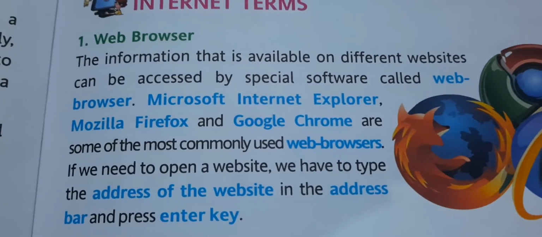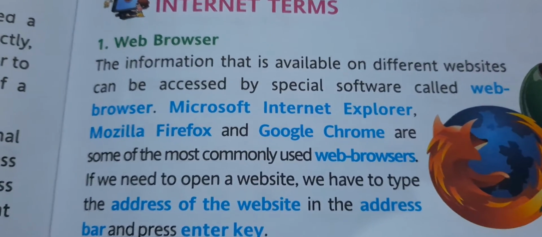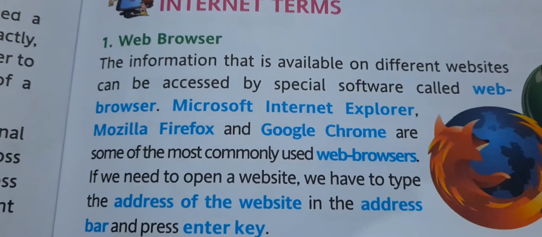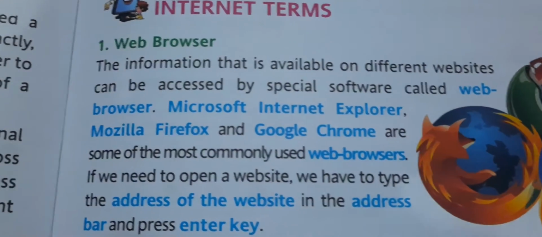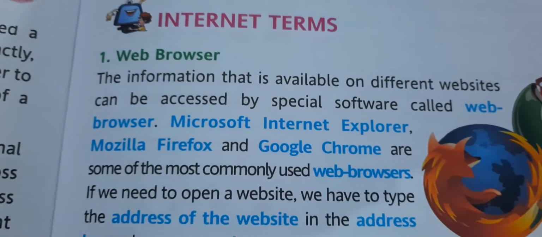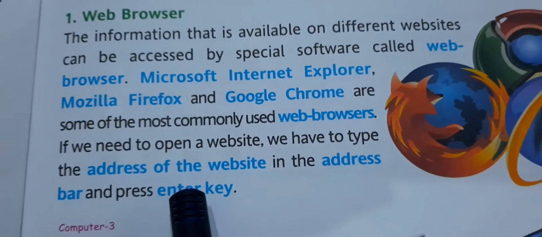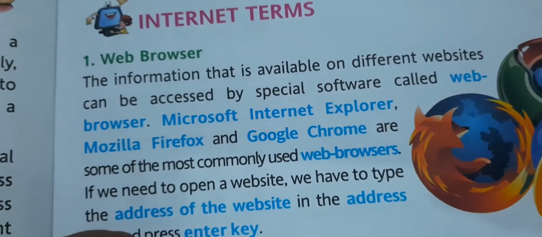Your school, that is our school St. Patrick's Junior College, has a website. When we want to open it, we need to type the address of the website in the bar, and as soon as we click enter or go, the website will be opened. So you can press enter key or you can press go key. Fine. So in this way the website will open.